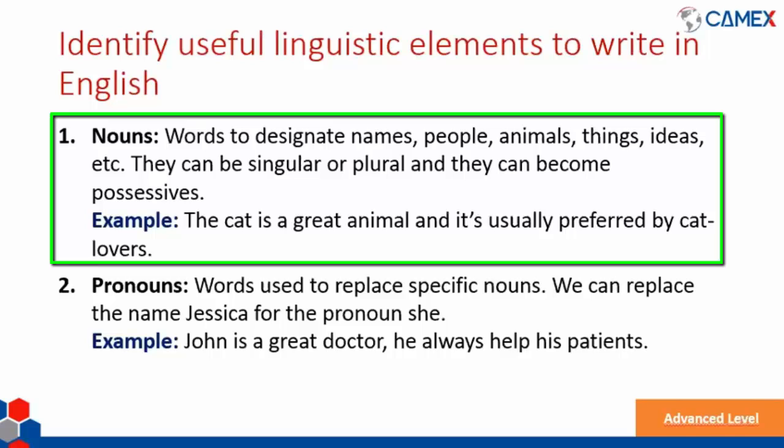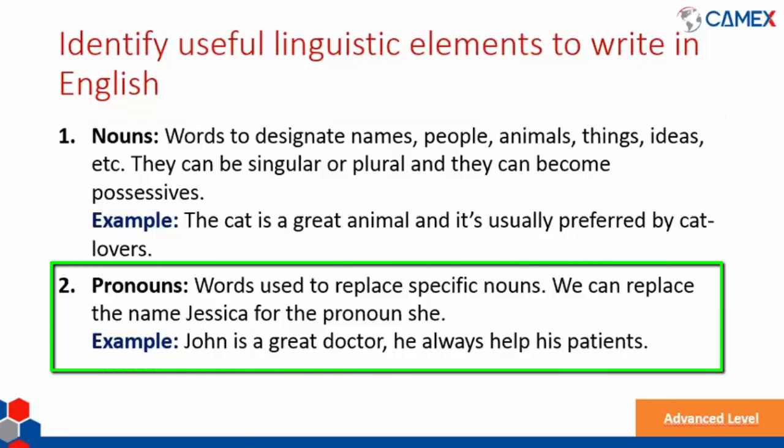We're going to work on the example then. And the second is pronouns, which are the words used to replace specific nouns. The pronouns are like the short way to talk about a noun. And we can replace the name Jessica with the pronoun she, for example.